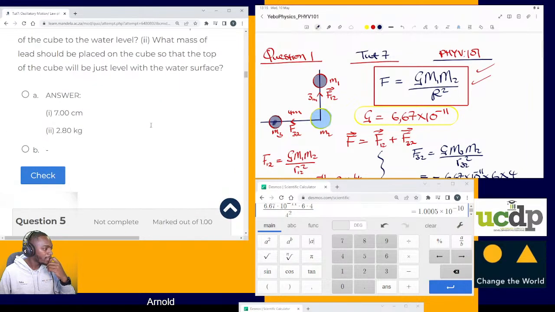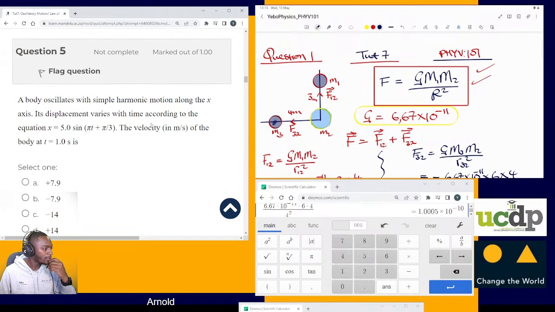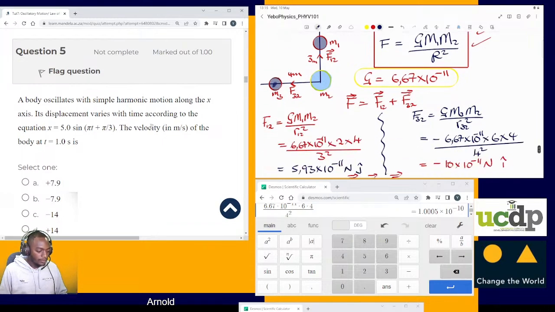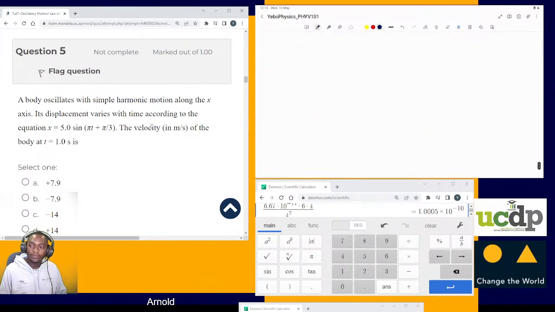So let's look at some questions on oscillations. A body oscillates with simple harmonic motion along the x-axis.